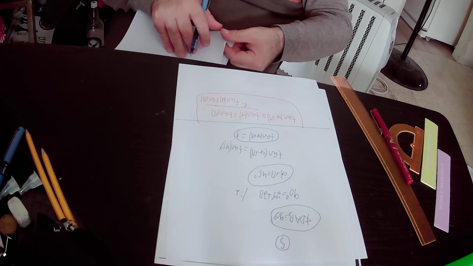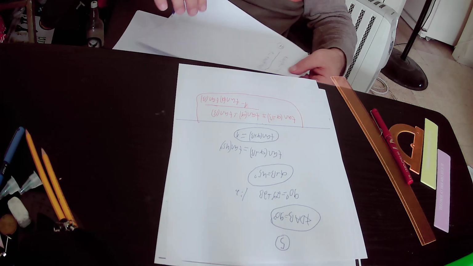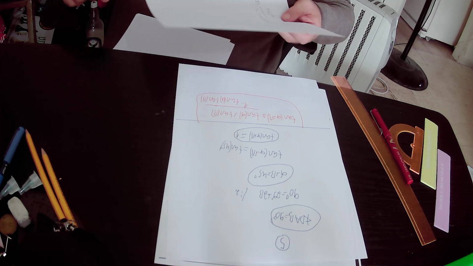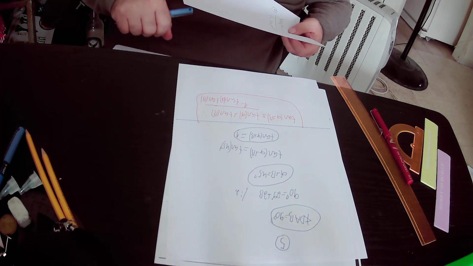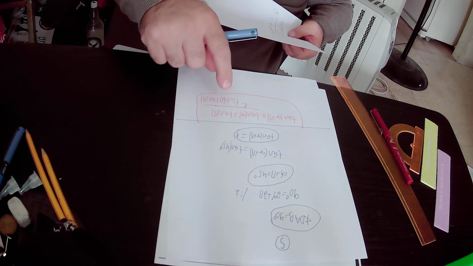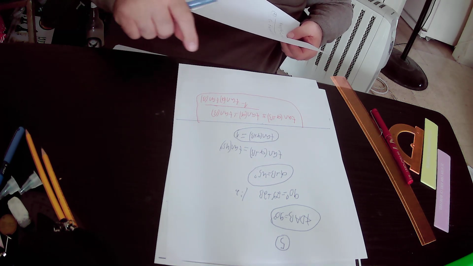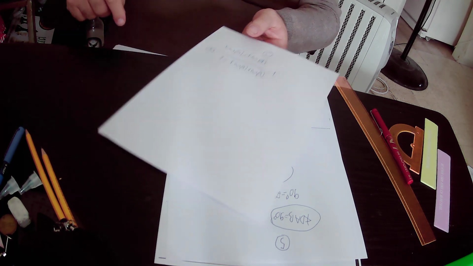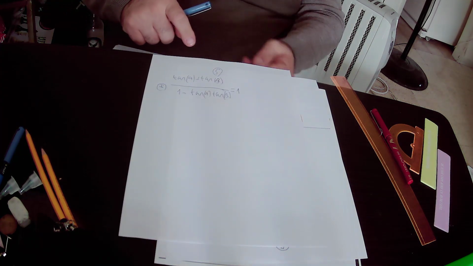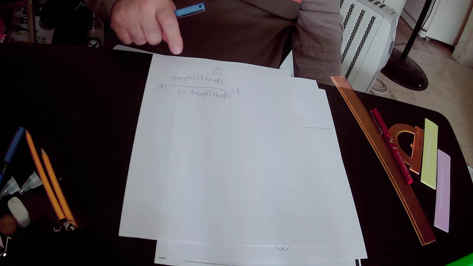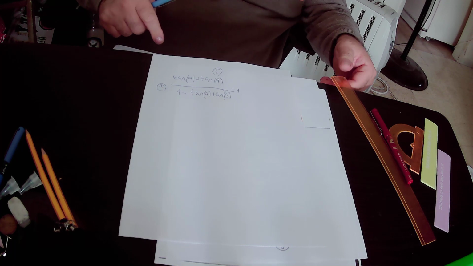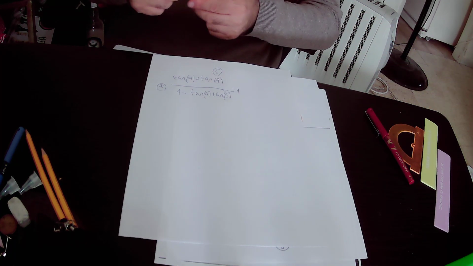So according to this trigonometric identity, tangent alpha plus beta equals this expression. So this expression will be equal to 1. And we will get that tangent alpha plus tangent beta over 1 minus tangent alpha times tangent beta will be equal to 1.